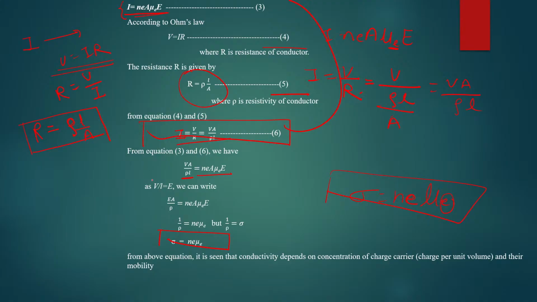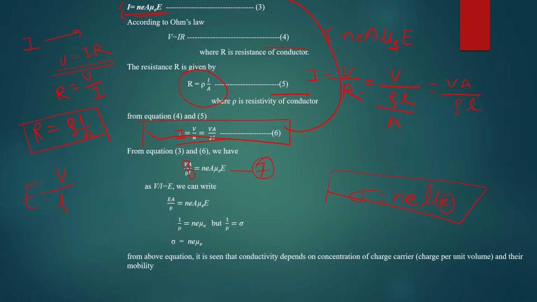Here you know that V by L is nothing but our electric field E, so E is equal to V by L. In equation number 7, you can see V by L, which can now be replaced by the E value. So E A upon rho, and the remaining terms are the same.